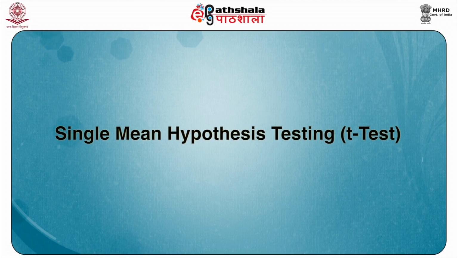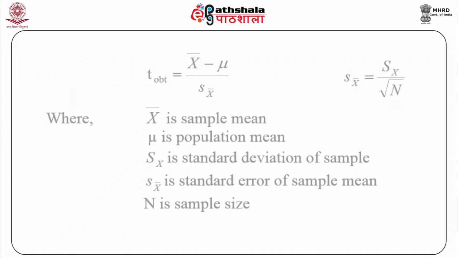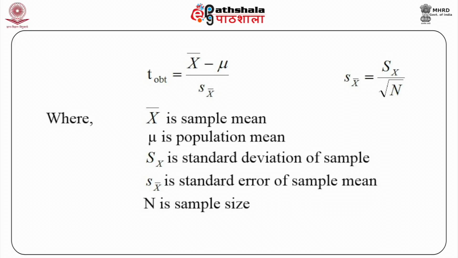The single mean, hypothesis testing for t-test. For computation of z-test, the mean and the standard deviation of the population must be known so that the standard error of mean can be computed. However, in many cases, the standard deviation of the hypothesized or comparison population is not known.